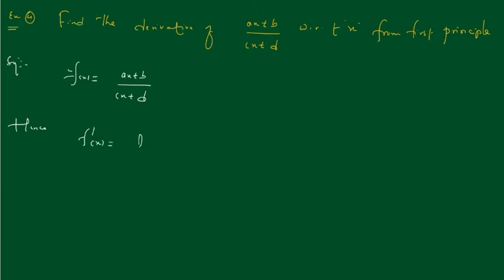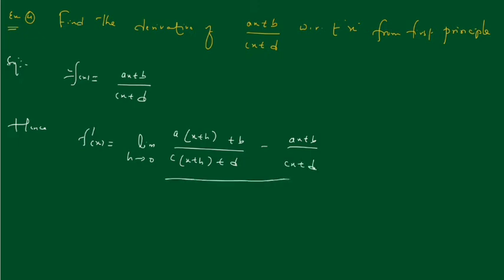So hence f dash of x is equal to limit h tends to 0, (a into (x plus h) plus b) divided by (c into (x plus h) plus d), minus (ax plus b) divided by (cx plus d), just when substituting in the standard form, whole divided by h.